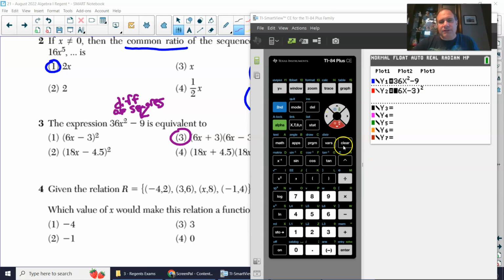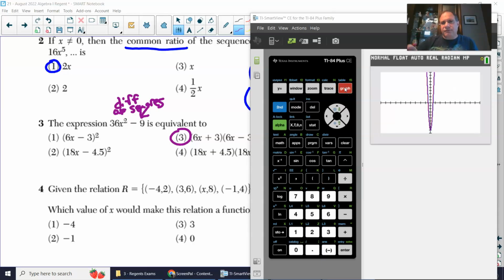equals, and you clear out the second one, because the first one is in, that's the one they give you, then put the 6x plus 3, close the parentheses, and then put 6x minus 3, you will notice that you get the same graph.